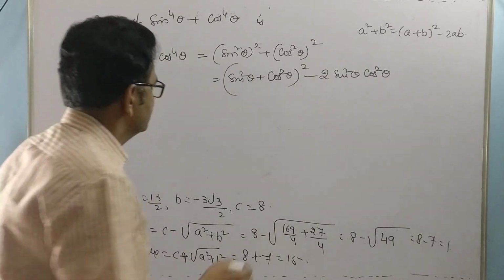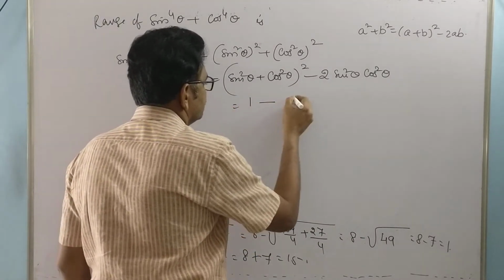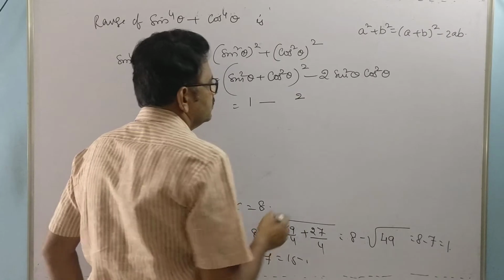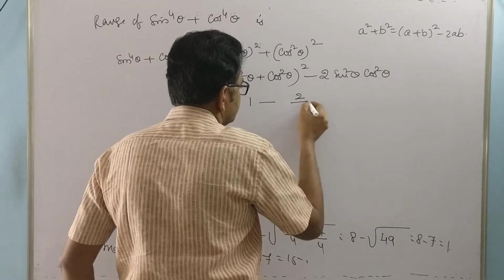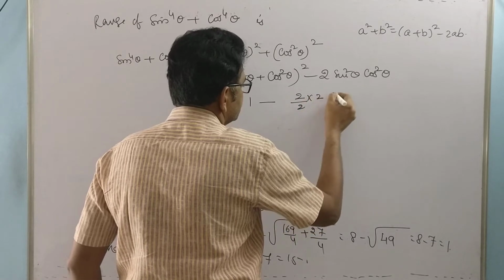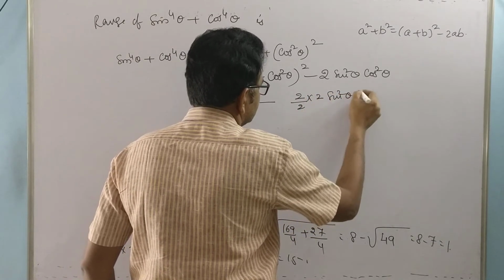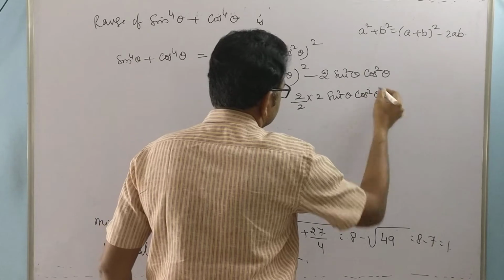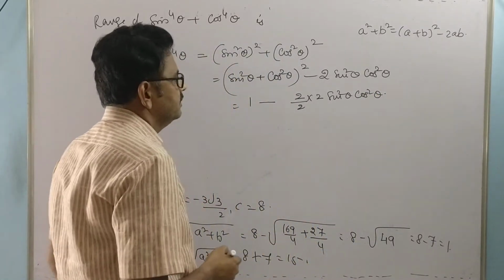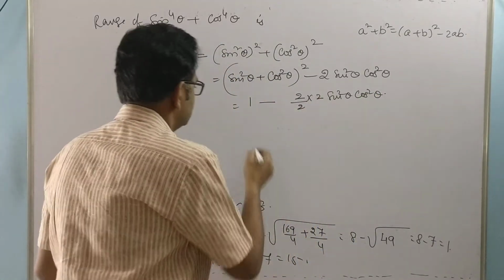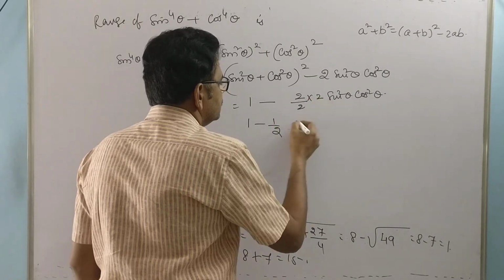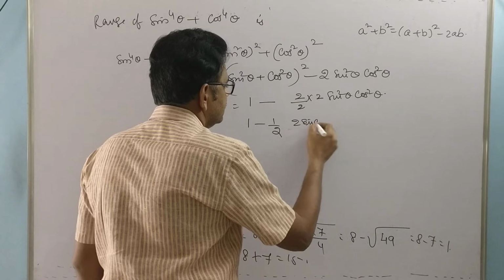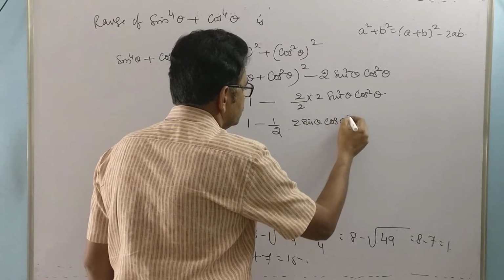Now this is 1 minus 2 sine square theta cos square theta. We are multiplying and dividing by 2, so this is 1 minus 1 by 2 into (2 sine theta cos theta) whole square.